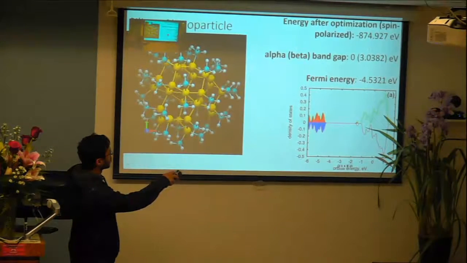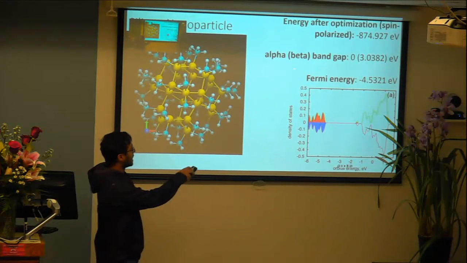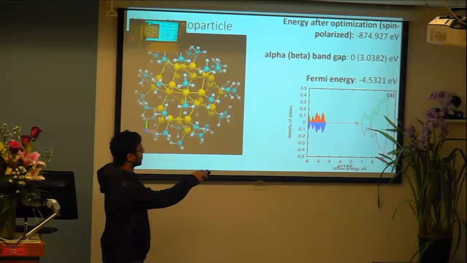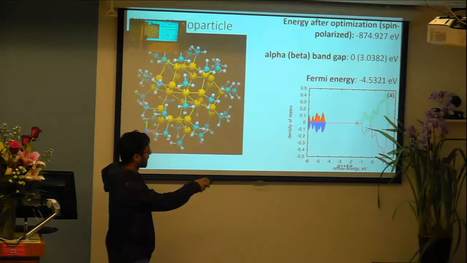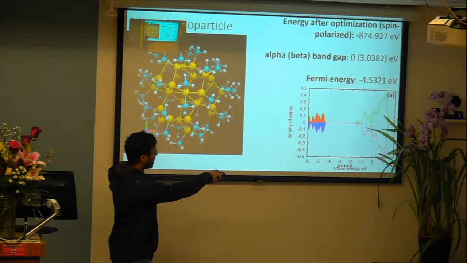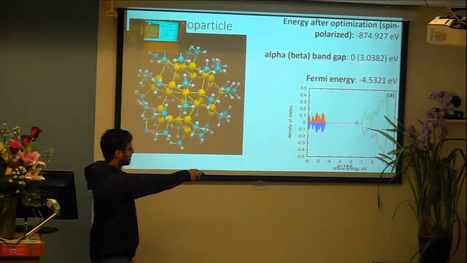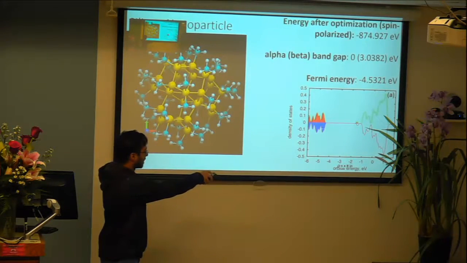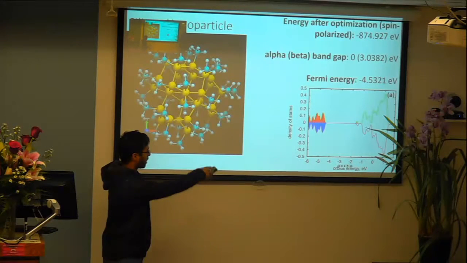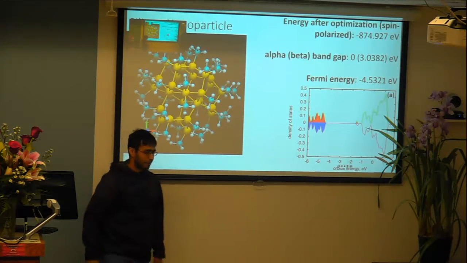You can see the total energy after optimization, as well as both the alpha and beta orbital band gap. The alpha represents the band gap for the red states in the density of states, whereas beta represents the filled blue states and all of the states below 0 on the vertical axis. And then finally the Fermi energy as well.